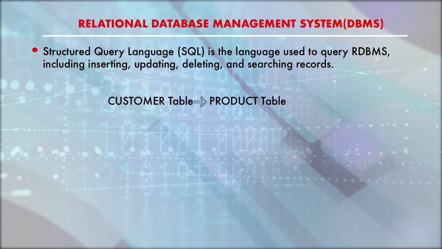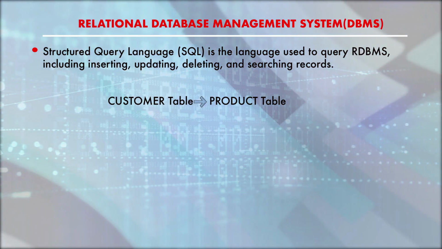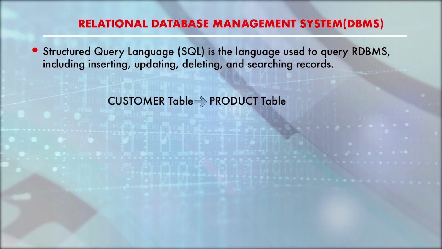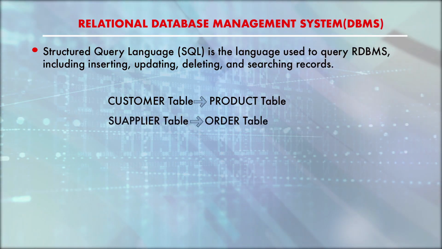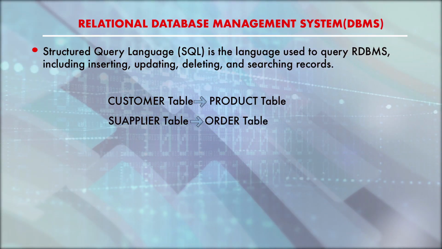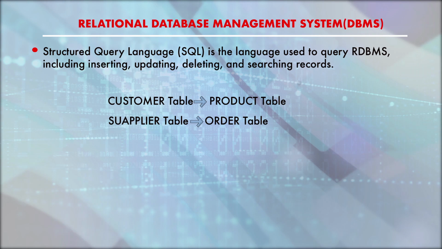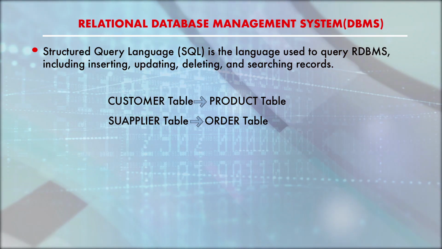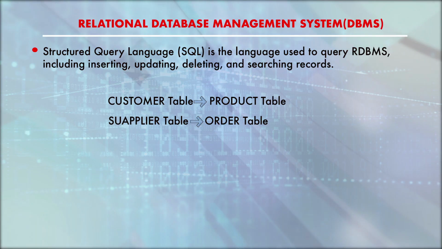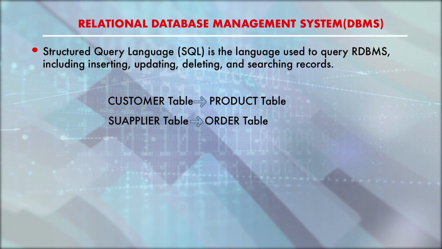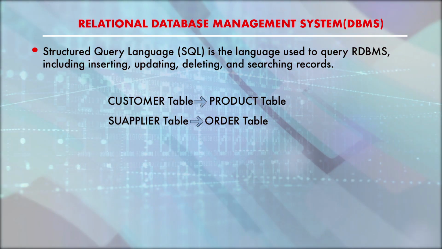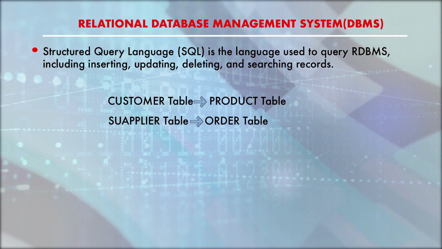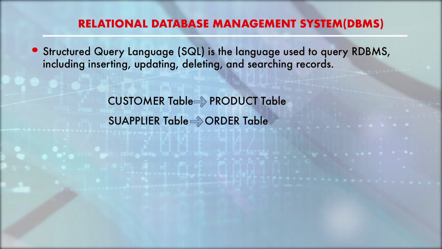Similarly, there will be different products available in the store, and a products table can be created. Similarly, the supplier will have different information associated with it, such as supplier ID, supplier name, address and other related information. And similarly, another table may be the order.